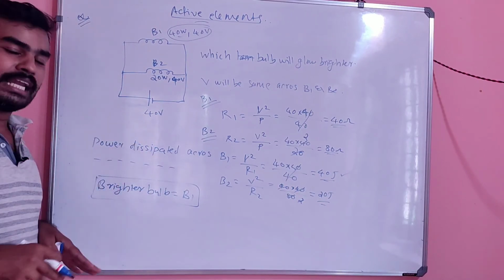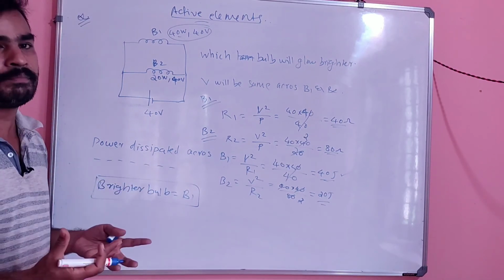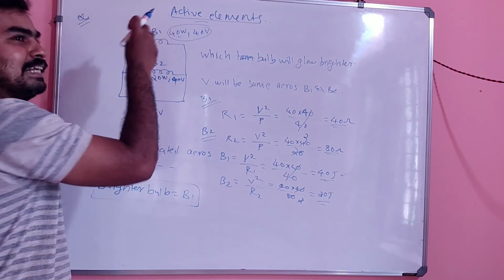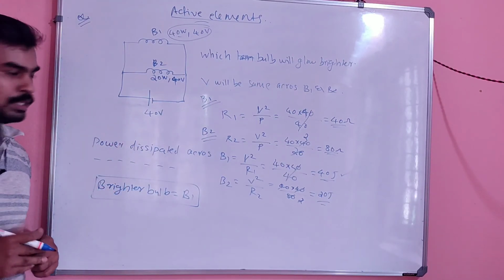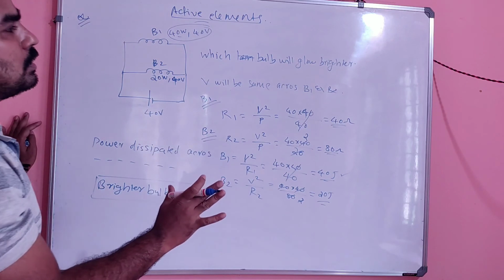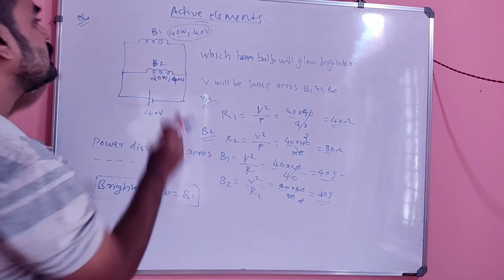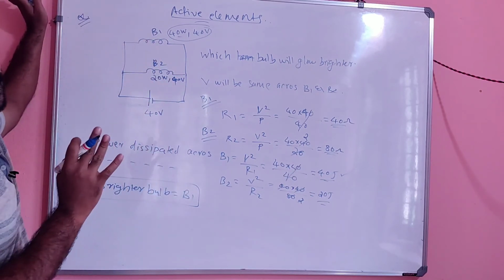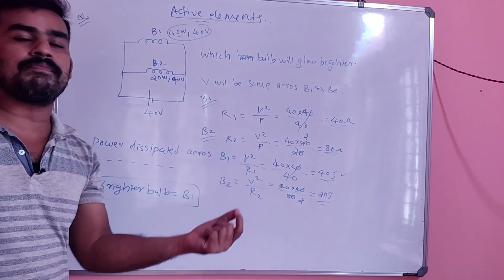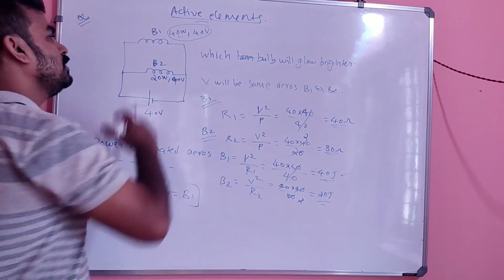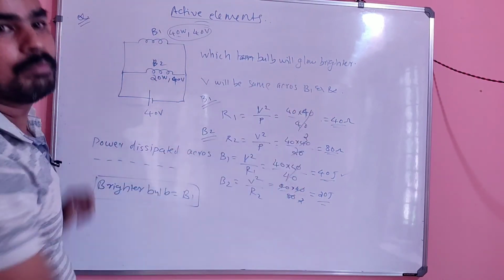In series connection, the bulb having the lowest power rating glows brighter. That is the very, very important conclusion. So you need not solve all this problem. You can simply look into the problem and find out. Something connected in series means the lowest wattage will glow brighter. Something connected in parallel means the highest will glow brighter.